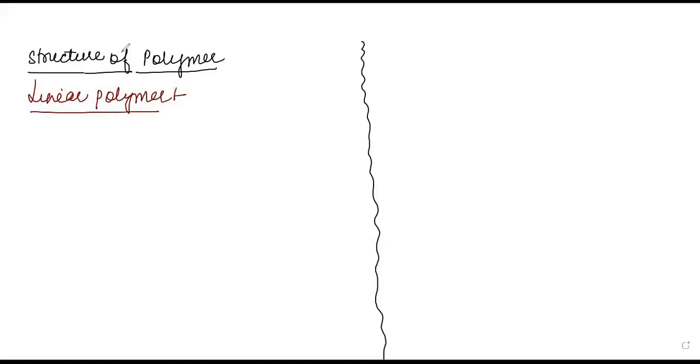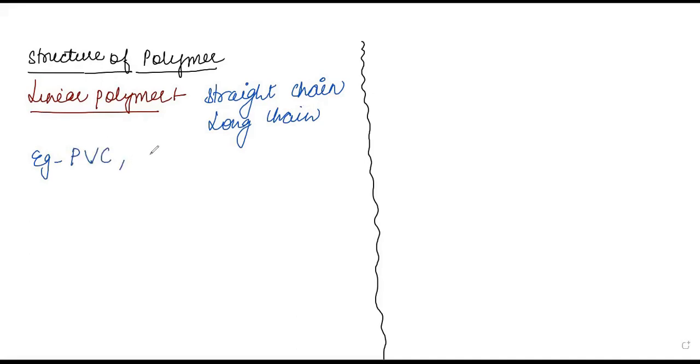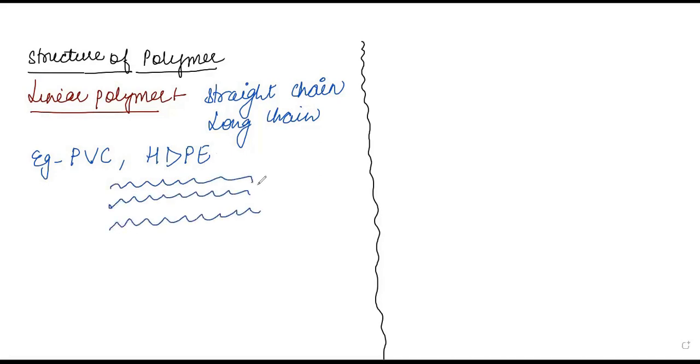Fine, linear polymers are always straight chain, long chains are there. What are the examples here? You can write polyvinyl chloride, high density polyethylene, HDPE. We have done this initially. So these types of long chains are present in the linear polymer.